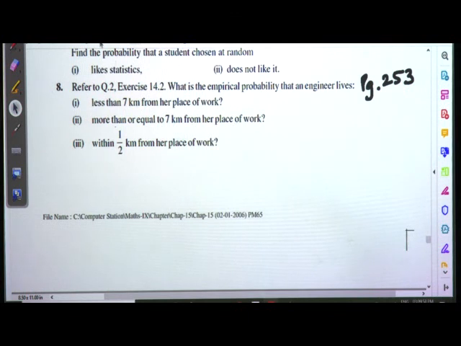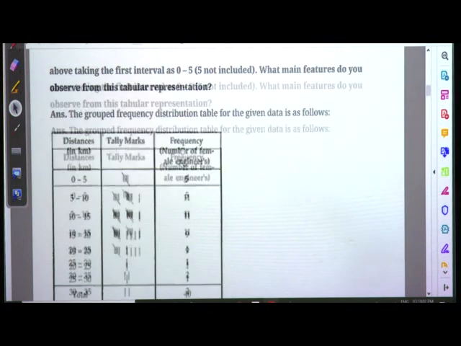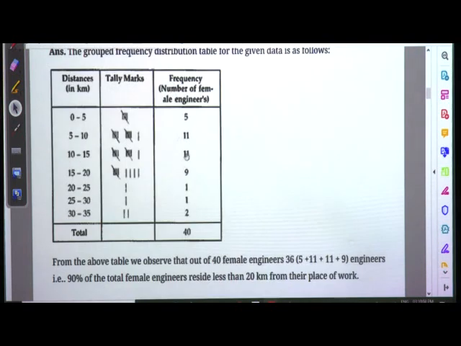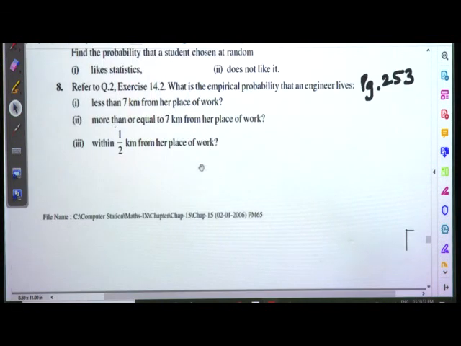What do we have to do? This table, which we prepared while solving exercise 14.2, is not useful for us. It is not feasible for us.